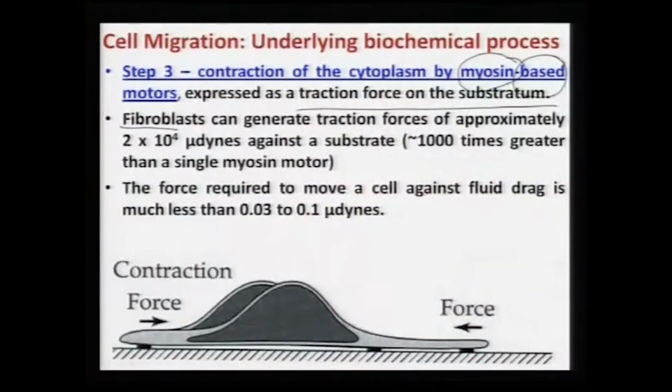Now, what you see here is that fibroblasts typically generate traction forces of approximately 2 into 10 to the power 4 microdyne. 2 into 10 to the power 4 microdyne means 2 into 10 to the power minus 2 dyne.